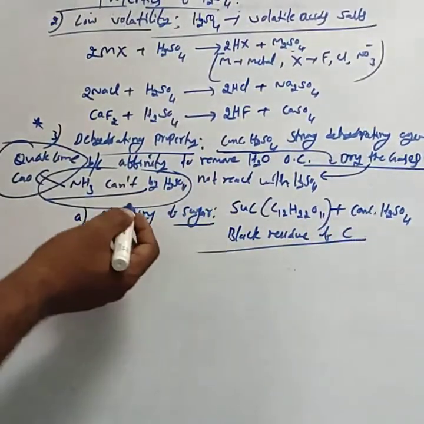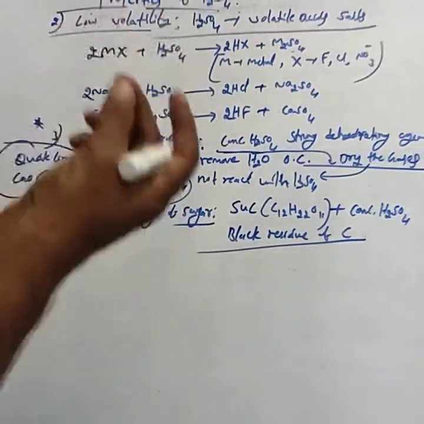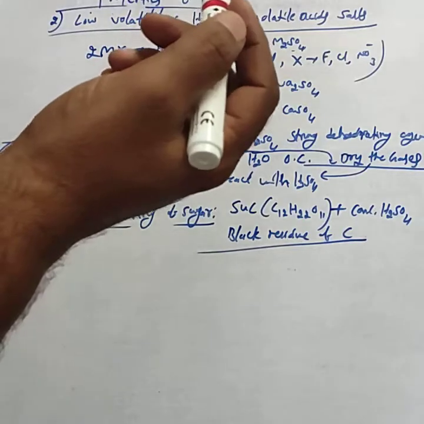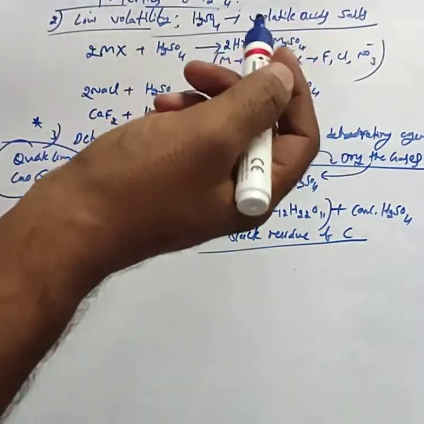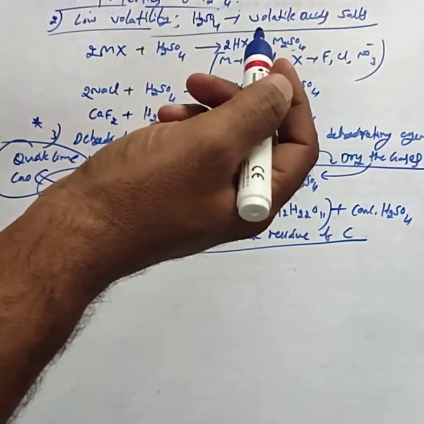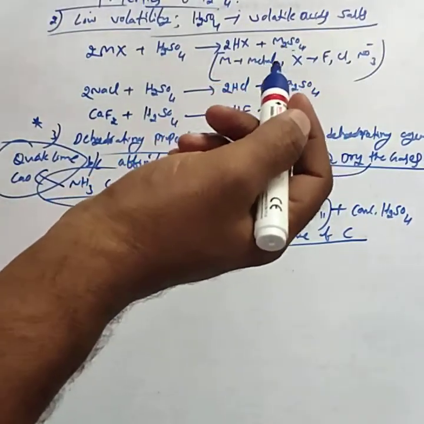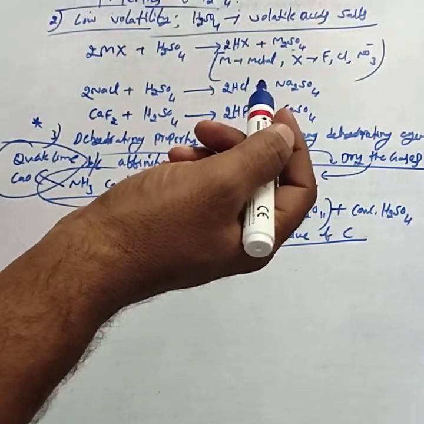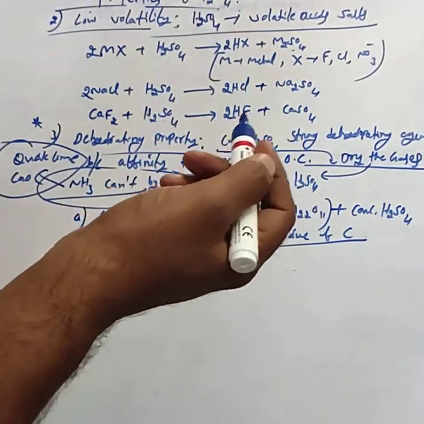That property we call the charring of sugar. The best example is, if you add sulfuric acid on wood, the wood becomes black, darkened. Why? Because sulfuric acid absorbs the water from the wood. Hence the wood becomes black. That is mainly due to the dehydrating property.